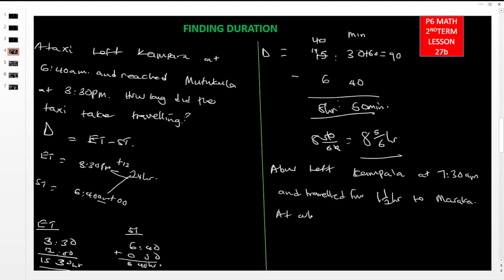At what time did it reach Masaka? Now here they are not asking for the duration. Here they are telling us to find the ending time. So how are we going to do this?